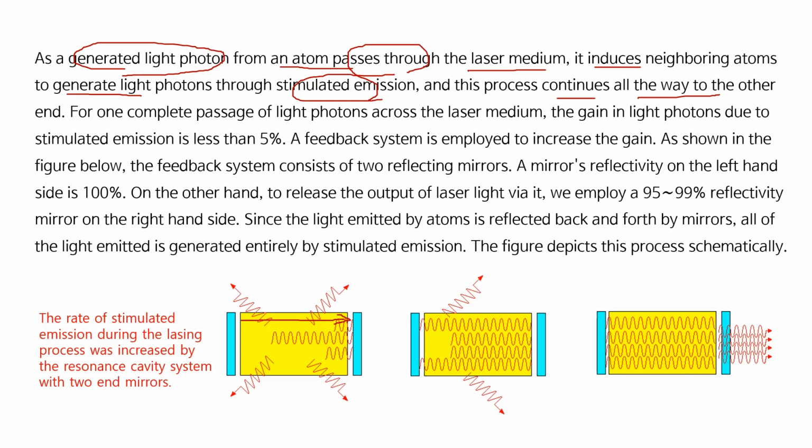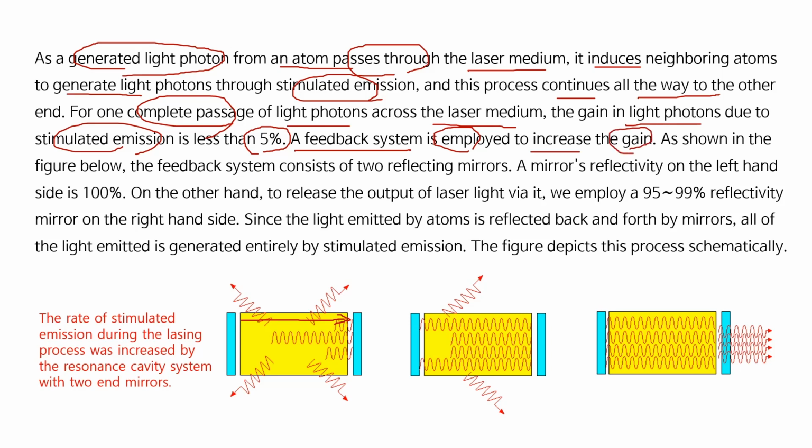For one complete passage of light photons across the laser medium, the gain in light photons due to stimulated emission is less than 5%. So a feedback system is employed to increase this small gain.